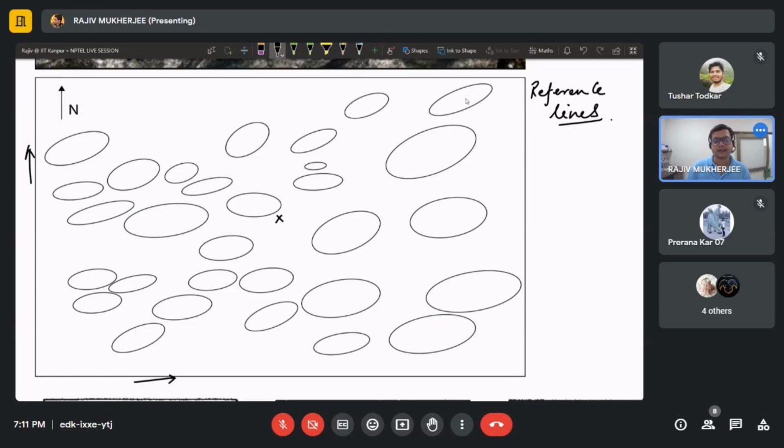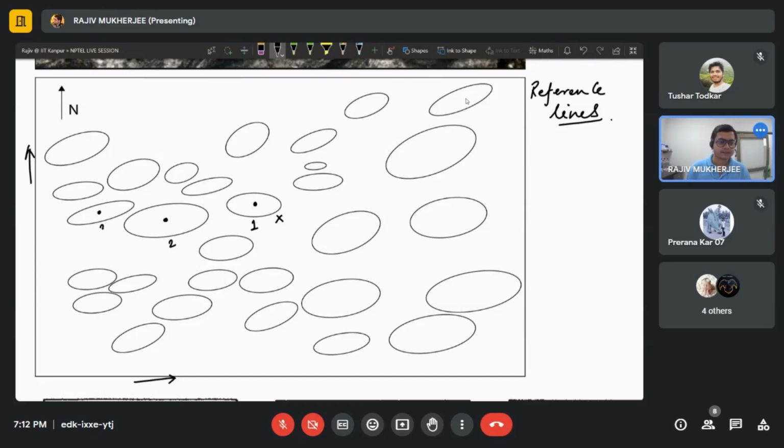ellipses. So we mark them one, and we do two things. First, mark the center point in this sheet, and then we mark or tag them as different numbers like this.